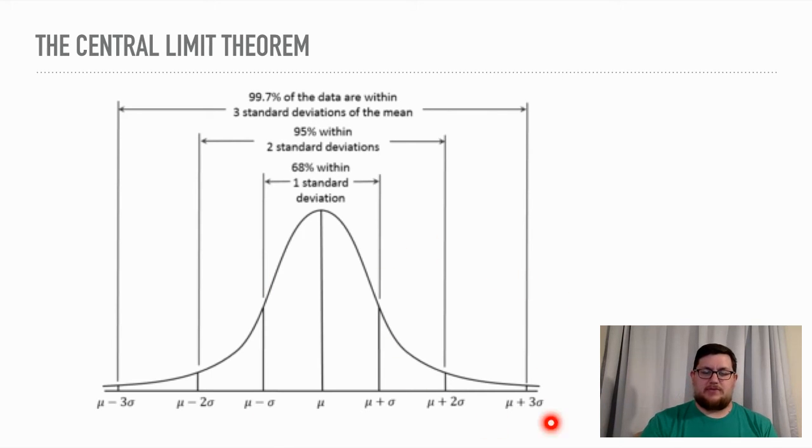That means that out here on this tail is 100 minus 68, which is 32, divided by 2 because it's symmetrical, 16%. There's a 16% chance that we would get an observation 1 standard deviation above that hypothetical mean of 0. Okay, that's a pretty good chance.